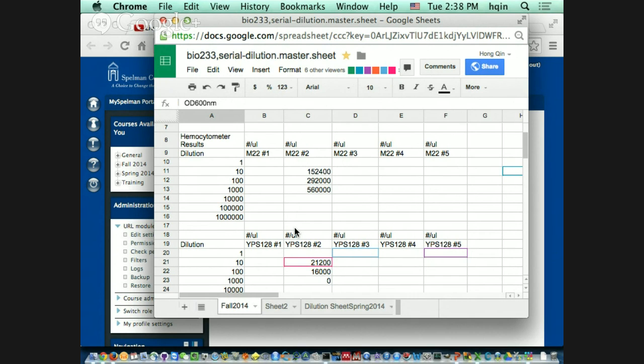Once you are done, as a group you get that point. As a reminder, 1 or 2 points is probably trivial compared to others, but at least it's something. So that's one thing for the Google Doc spreadsheet.